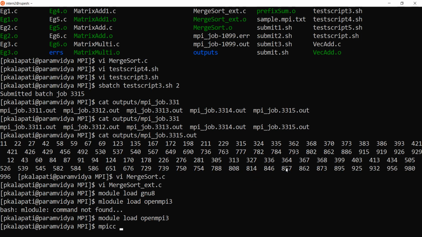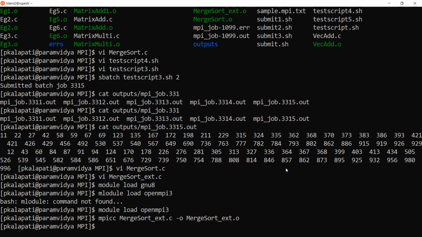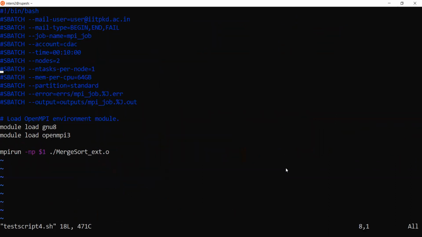mpicc medsort extension.c -o medsort extension.o. Successfully compiled. Now we are going to execute this particular one with the help of test script 4.